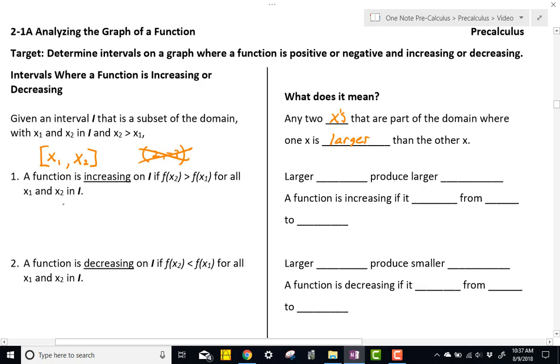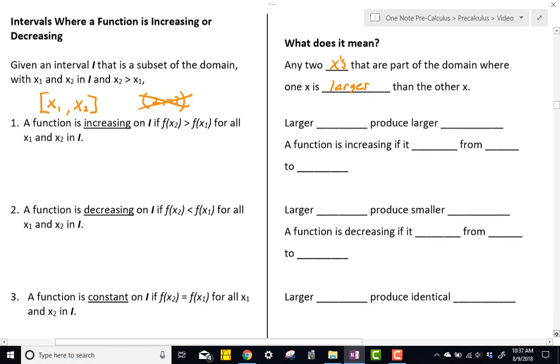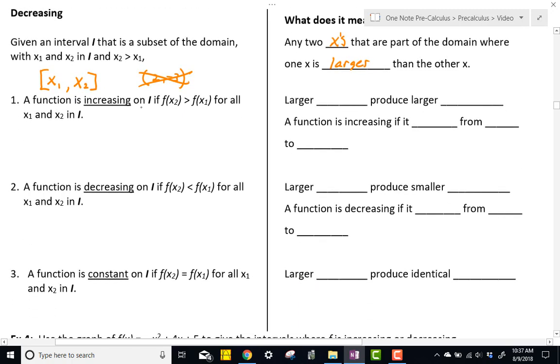When we talk about increasing, we say that a function is increasing on the interval if f of the second number is greater than f of the first number for all x's in the interval. In other words, let's say we were using the interval 1, 7.